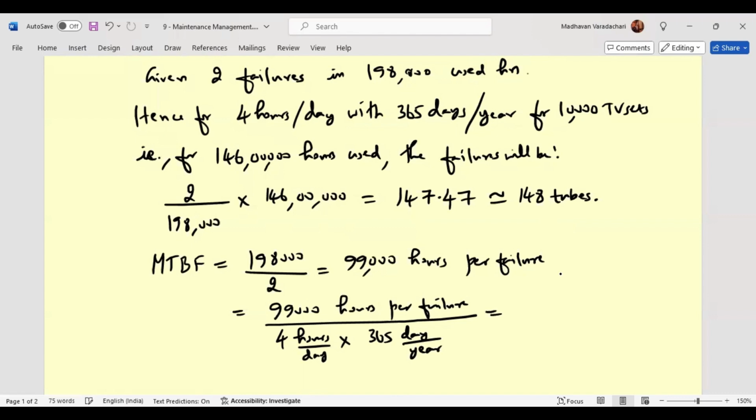That if we calculate, we will land up with 67.81 years per failure. So that will be the solution for this particular question.